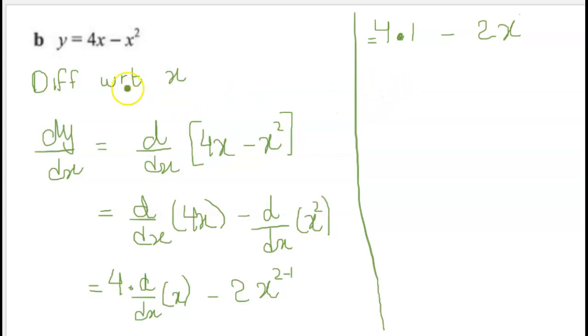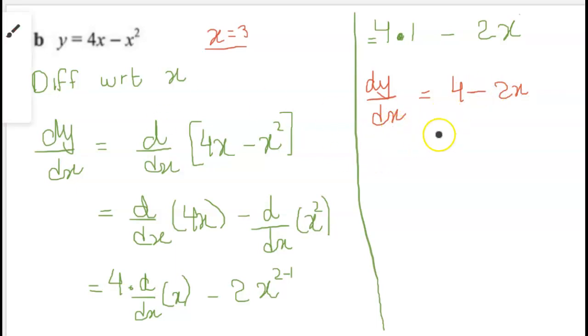Now the question is find the value of the slope or the gradient when x is 3. So x was 3. Let's do one more step actually. dy over dx equals 4 minus 2x. Yeah, so just simplify it a little bit more. Now I need to do when x is 3.